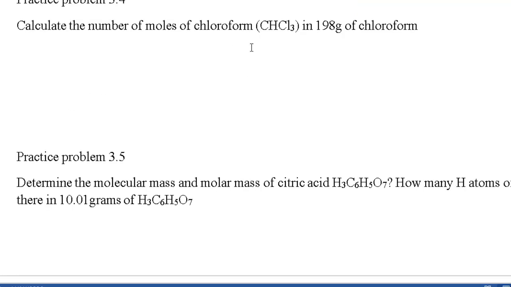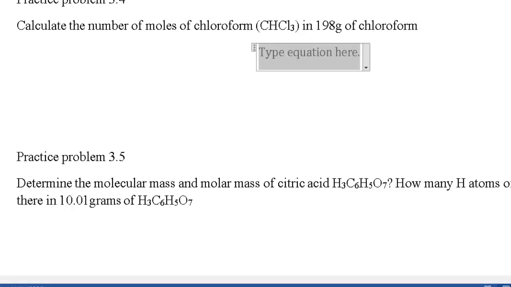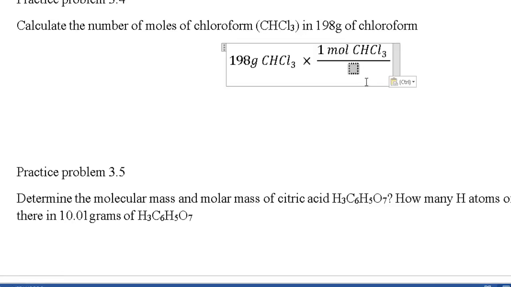This problem: calculate the number of moles of chloroform, CHCl3, in 198 grams of chloroform. This is your classic going from grams, what we're given, to moles. So 1 mole of chloroform, CHCl3, has how many grams of chloroform? 1 carbon, which is about 12, 1 hydrogen, which is about 1, and 3 times Cl. Looking at my periodic table, Cl is 35. So you want to add those up.